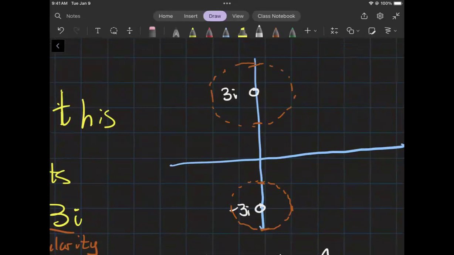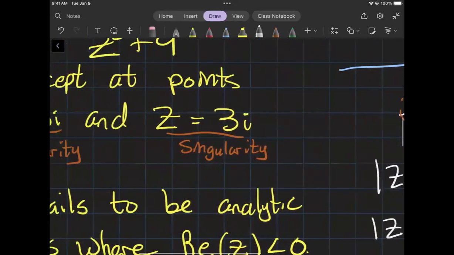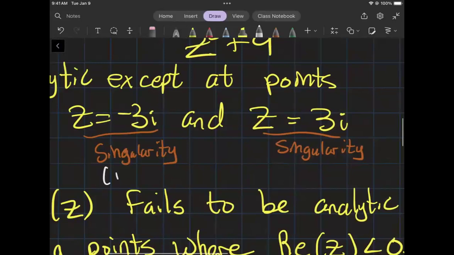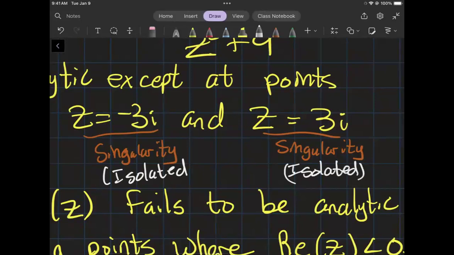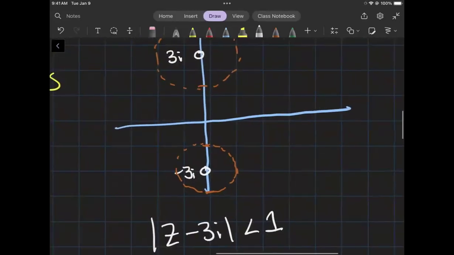So in this case, 3i and minus 3i are isolated singularities. They have their own separate punctured disk where f of z is analytic, right?